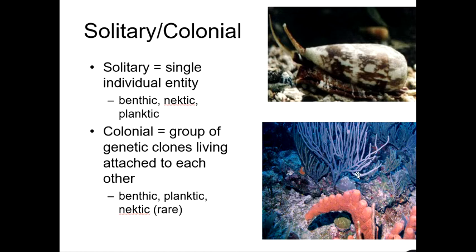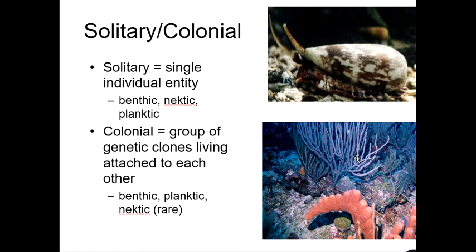If you were to zoom in, there would be thousands upon thousands of tiny holes in this structure, and every one of them would have a little polyp growing out of it, and every one of those little organisms is a genetic clone of the one next to it, of all of them in this entire organism here. So it's a colony.